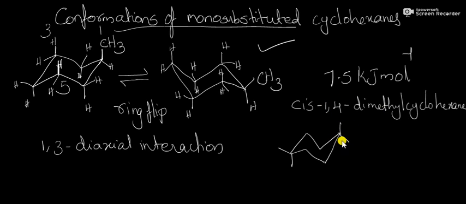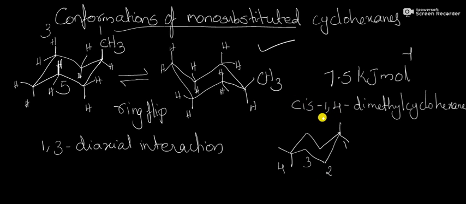Consider this as our first position: 1, 2, 3, 4. And this is the fourth position, and there will be two methyl groups. A methyl group can be either in the axial position or in the equatorial position. Anyway, the conformation will be cis.